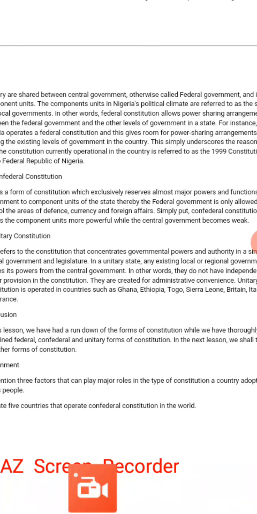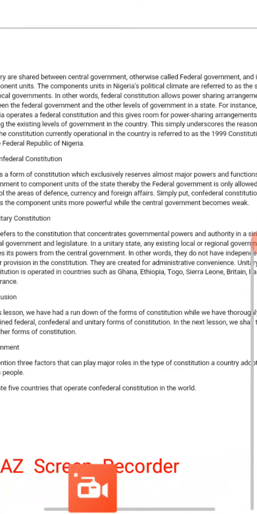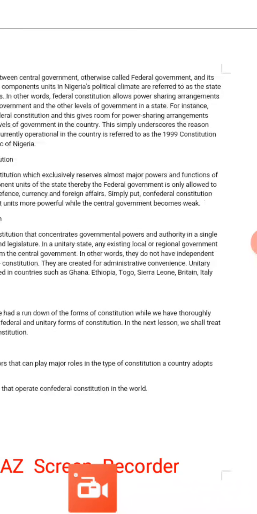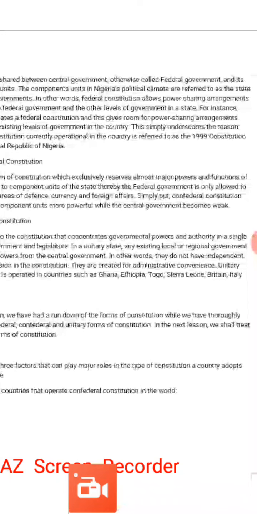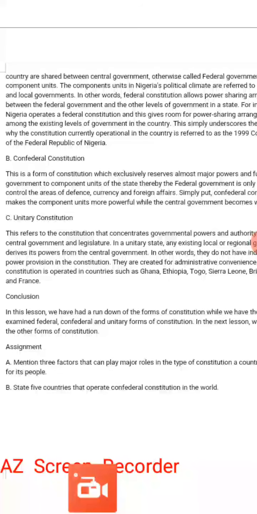They are thereby created for administrative convenience majorly. Unitary Constitution is operated in countries such as Ghana, Ethiopia, Togo, Sierra Leone, Britain, Italy, and France.